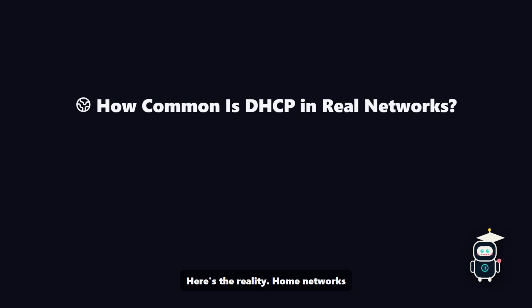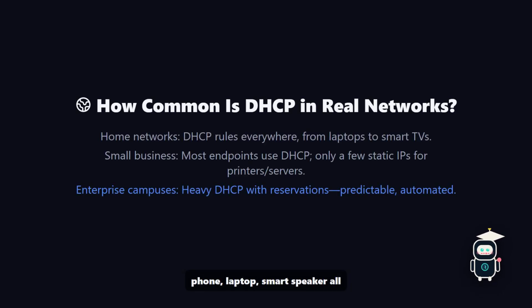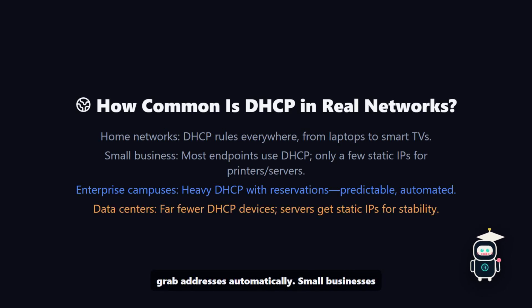Here's the reality. Home networks run on DHCP almost exclusively. Your phone, laptop, smart speaker all grab addresses automatically. Small businesses typically use DHCP for the vast majority of endpoints, keeping only a handful of static IPs for printers and a server. Enterprise campuses lean hard on DHCP with reservations, automating the rest while keeping critical services predictable.